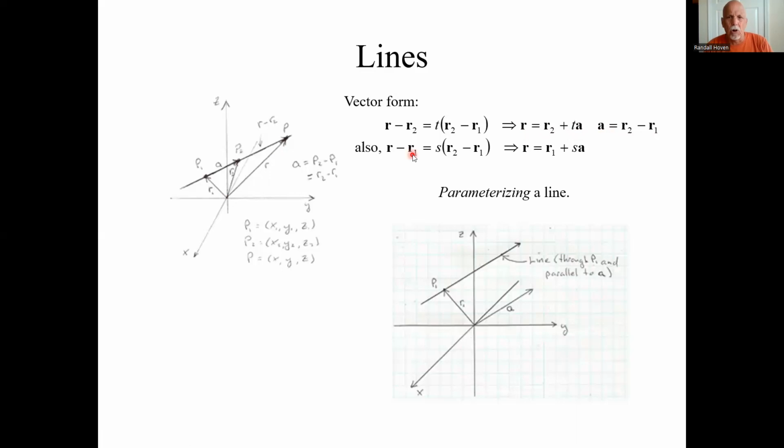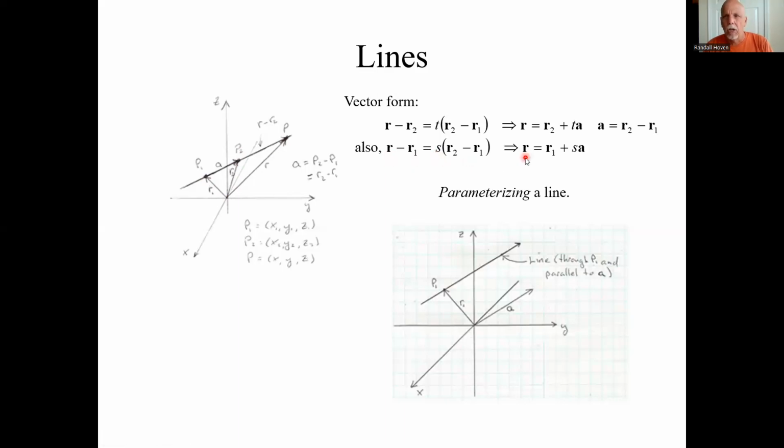I could have used R1 as another reference, instead of R2. So R minus R1 is also parallel to R2 minus R1. Here I'm using a different parameter, but you see they're both the same format.